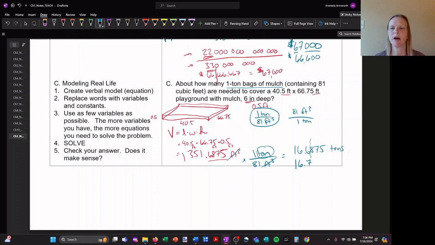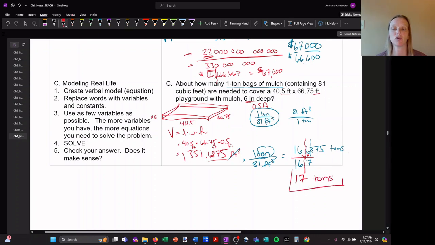I probably have to buy an entire 1 ton bag. So in this example, based off of the context of the problem, rounding off here makes more sense. So I'm going to go back to this value. This is a 6. It's 5 or greater, so I'm going to have to round this 6 up to a 7. And I've got 17 tons of mulch that I need to purchase.